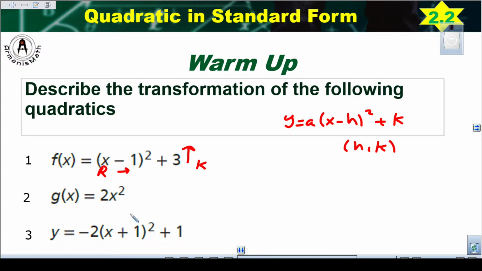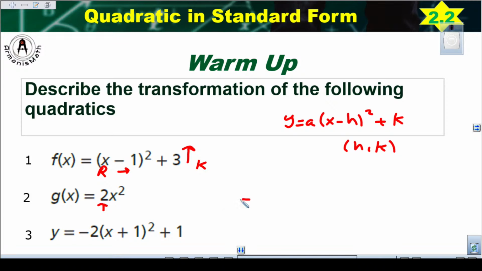How about the second one here? What kind of transformation do we have on the second one? What did this 2 do to the function? Stretches. That's Natalie. That's great. Yep, this one stretches. If it's more than one, you're stretching vertically.